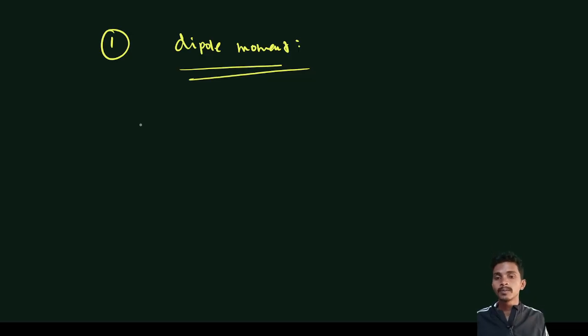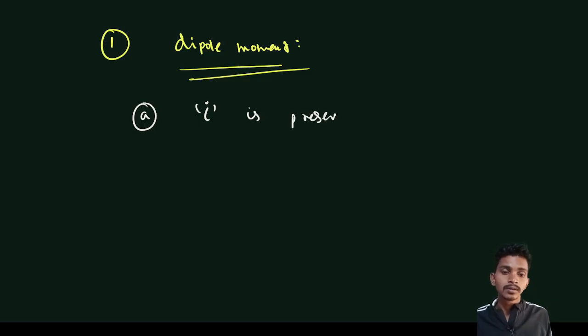We know that the dipole moment depends on the atoms and the group. The first condition: if I, that is a center of symmetry, is present, then the dipole moment is 0.